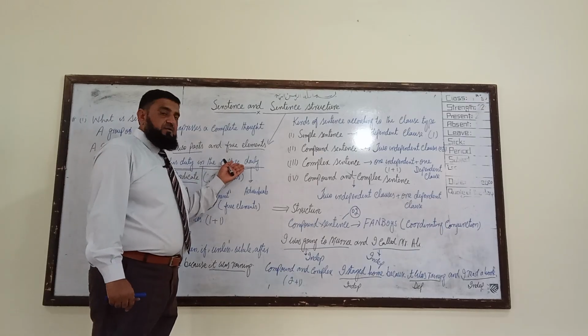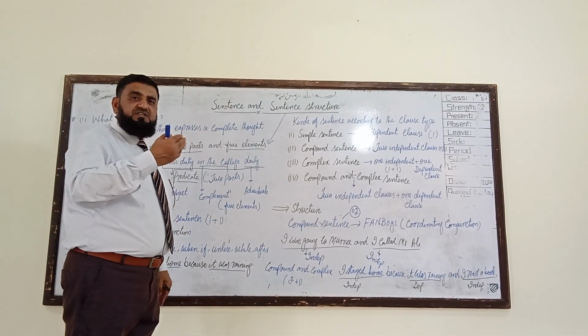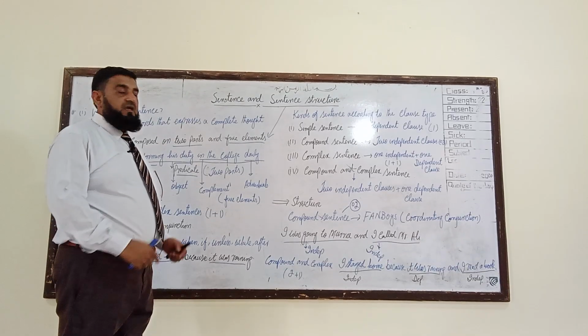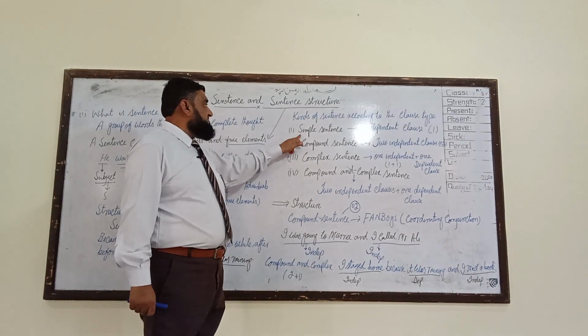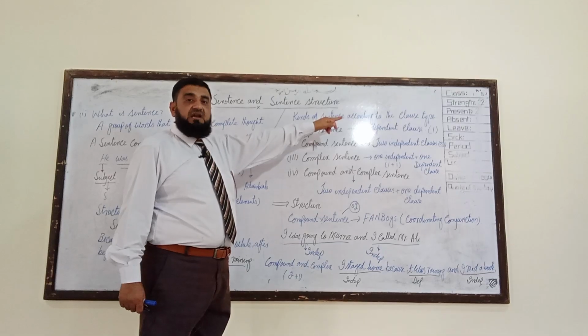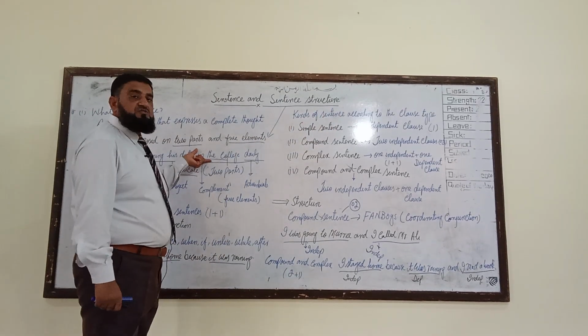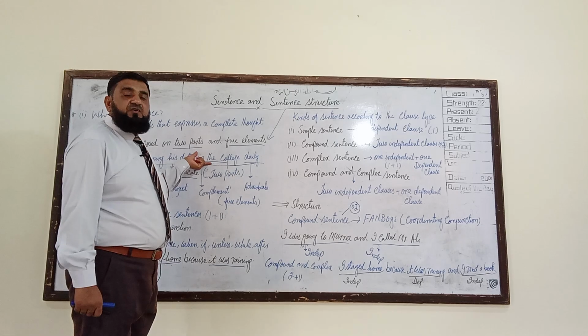Another thing is adverbial. We are unable to exceed 5 elements in a sentence. A simple sentence, as we discuss kinds of sentence according to the clause type, can consist of up to 5 elements. We cannot exceed 5 elements.